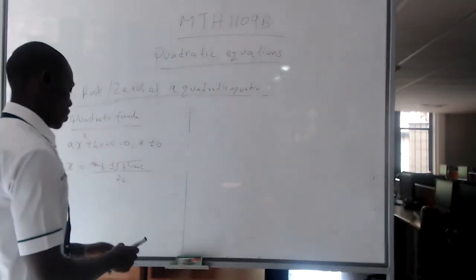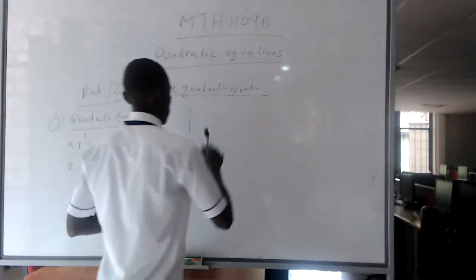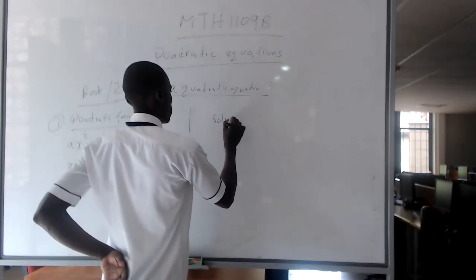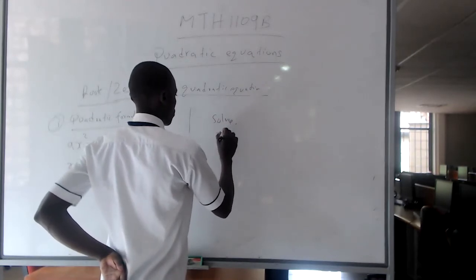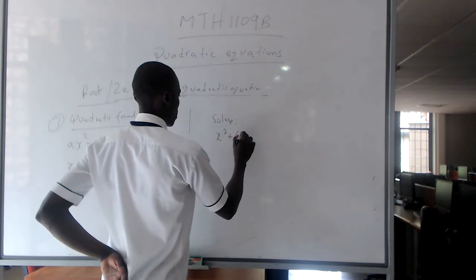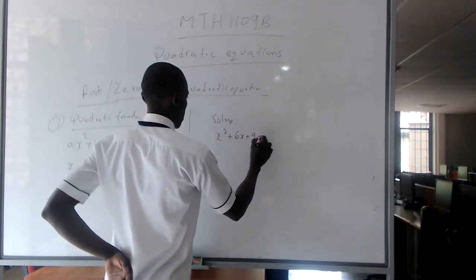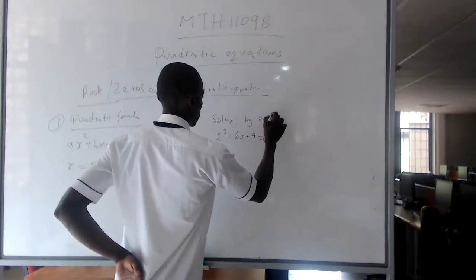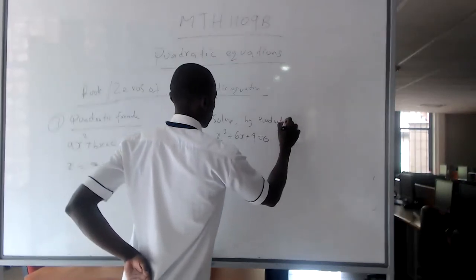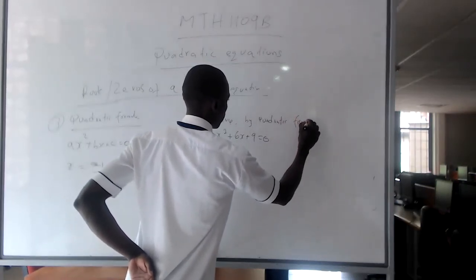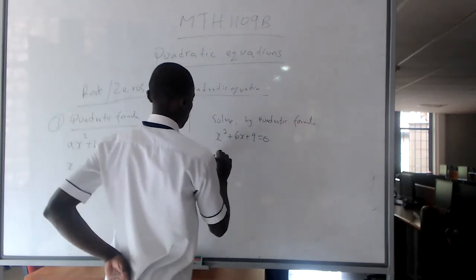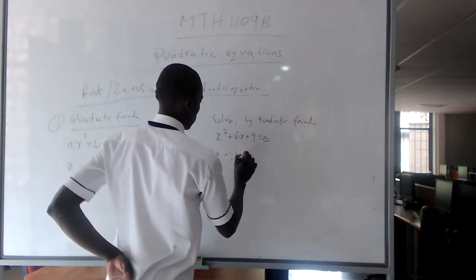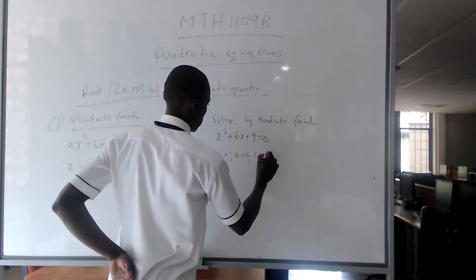Using the quadratic formula, for example, solve x squared plus 6x plus 9 is 0. You can even look at some examples we've done before. Solve by quadratic formula. So in this case, a is 1, b is 6, c is 9.